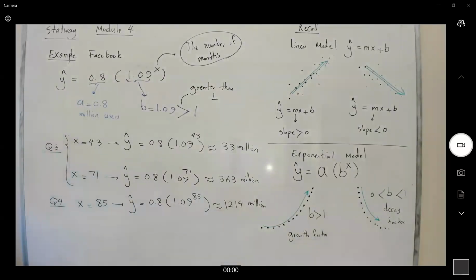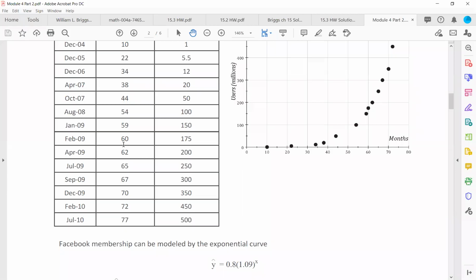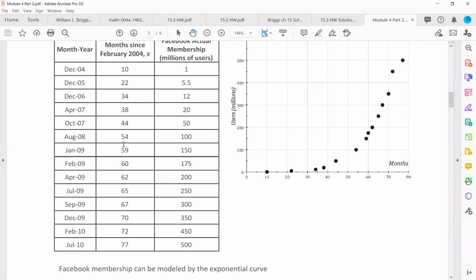Let's take a look at our table. After 43 months, roughly 44 months, you have 50 million users. After 71 months, 70, 72, you see 350 million, in between 450 million.